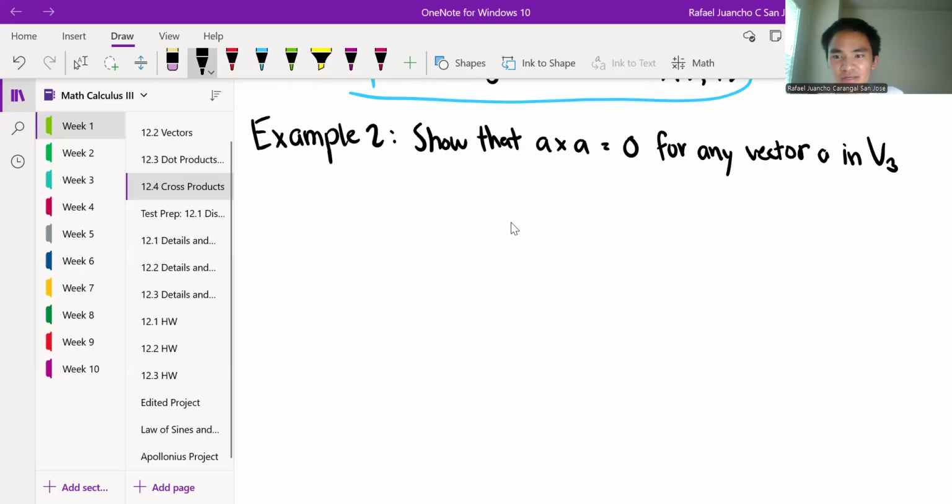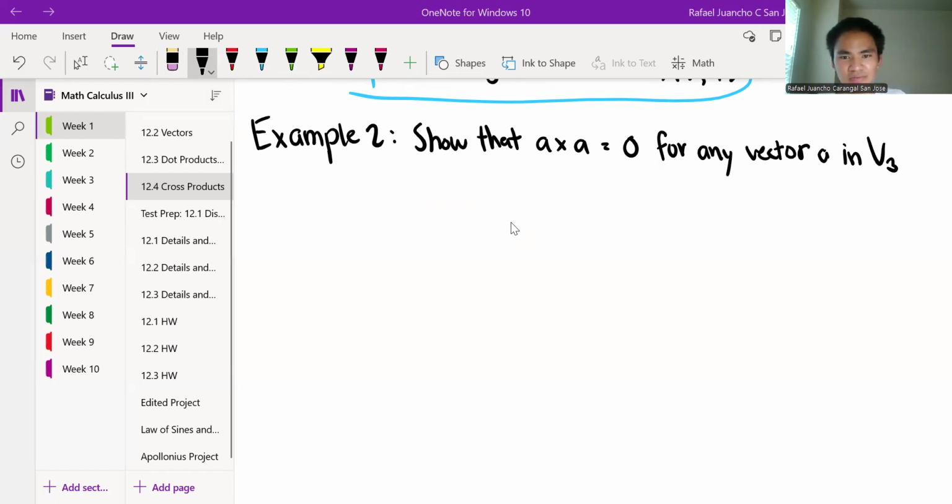V3 means we have 3 components in that vector. So we have 1, 2, 3. So we're doing it in 3D basically, because that's how cross products work. They only work for 3D.